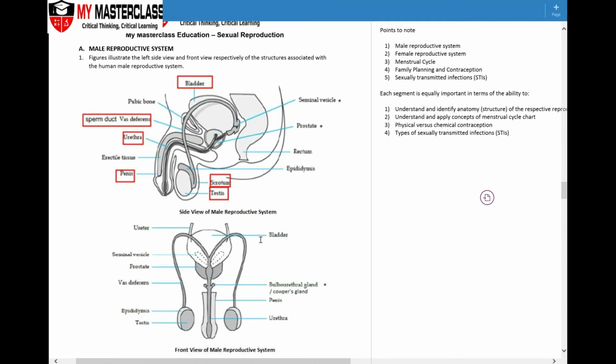So in other words, at any one point in time, either the sperm cells can be ejaculated, which is also known as the semen, which consists of the fluids plus the sperm cells themselves, or only the urine can be removed. So let me write that down.